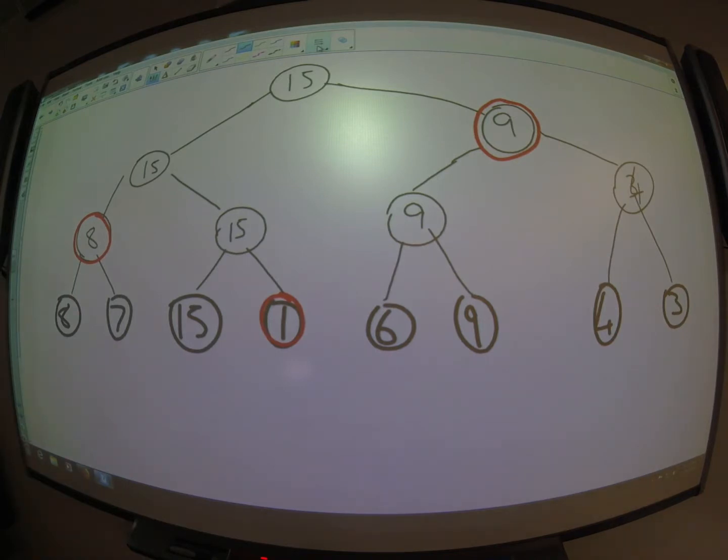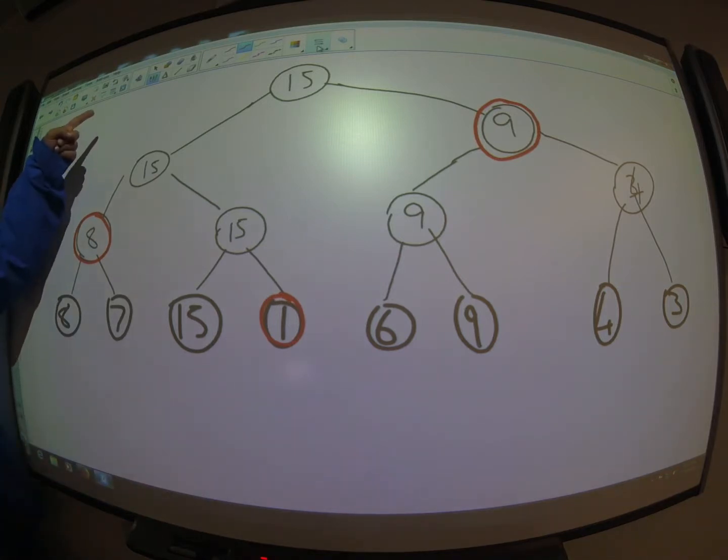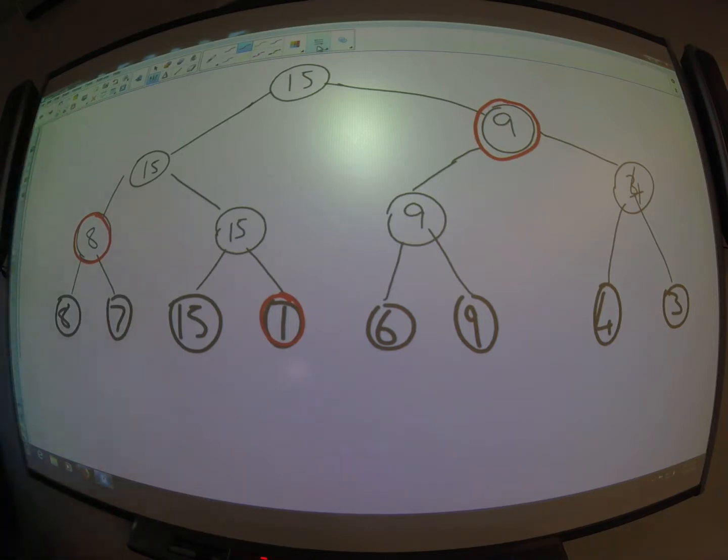A tree has a property called the height of the tree. How many levels are there in this tree? 1 level, 2 level, 3 level. The tree has a height 3. So how many comparisons, or how many contenders there will be for the second place, will be directly proportional to the height of the tree.